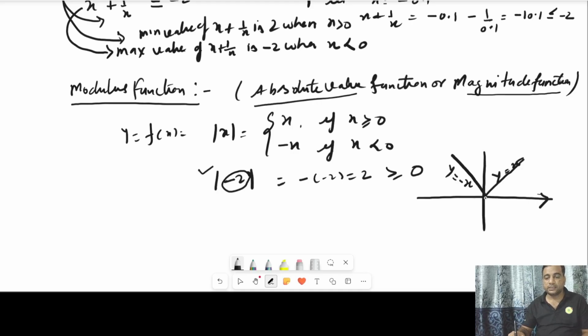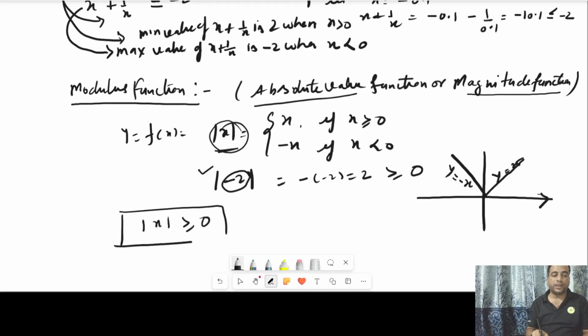This is the x-axis, and the graph lies above the x-axis. Above the x-axis means its graph lies either in the first quadrant or in the second quadrant, and in both quadrants the ordinate must be positive. The ordinate means y, and y means mod x. So mod x is always greater than or equal to 0.